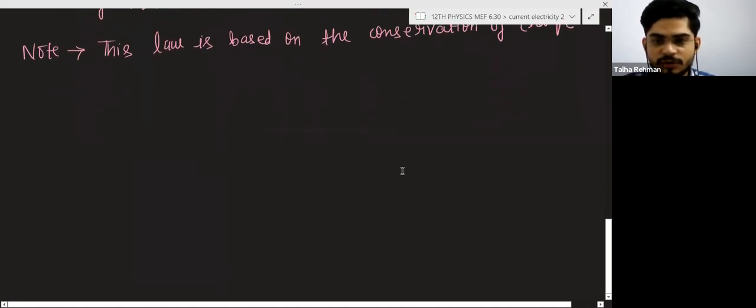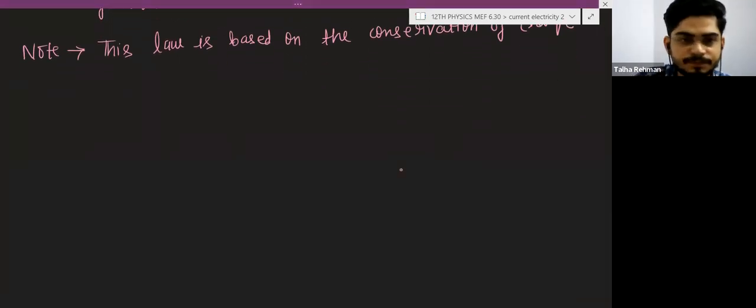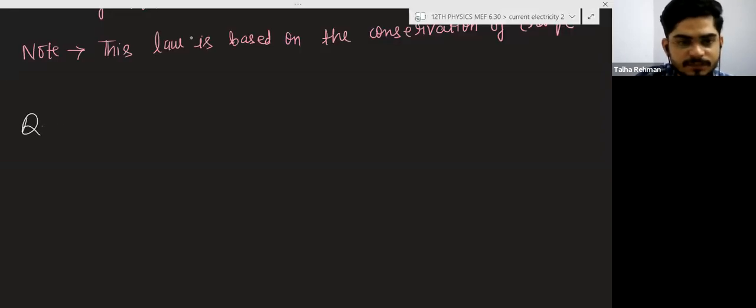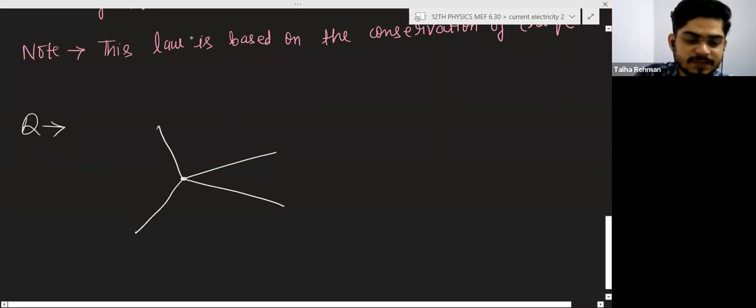Now we will solve one question on it, and the question is very easy. Suppose this is a junction point and you have 4 wires like this.